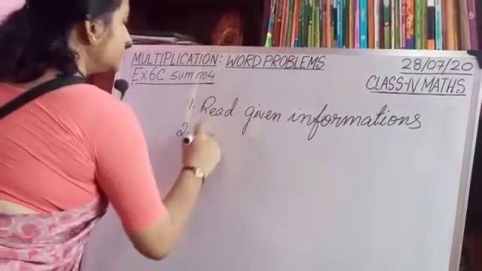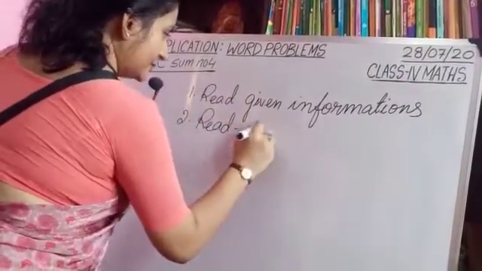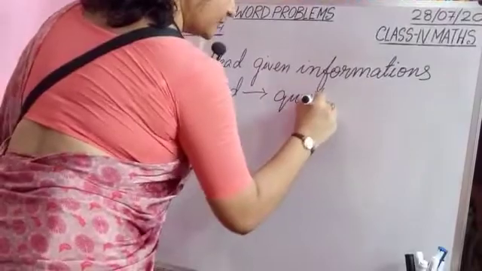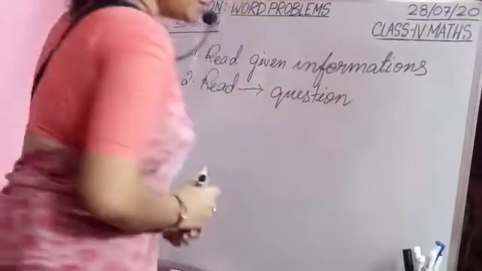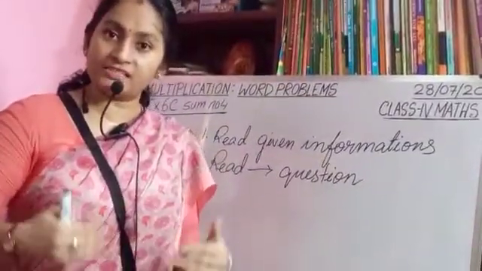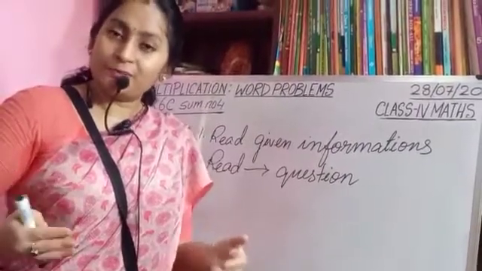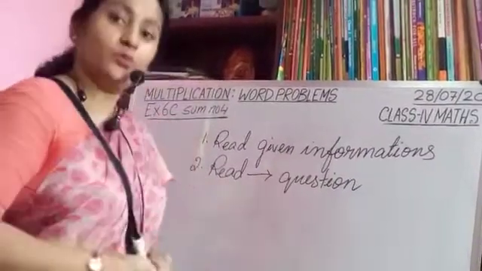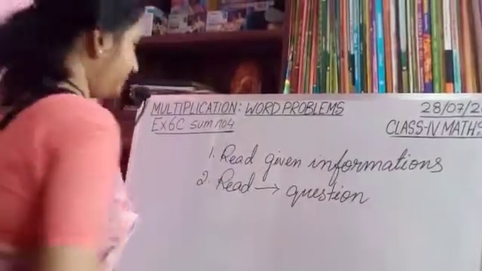Number 2, you have to read the question. That means your second step is you have to read the question. What has been asked? What has been wanted from you, right? What answer is being expected?